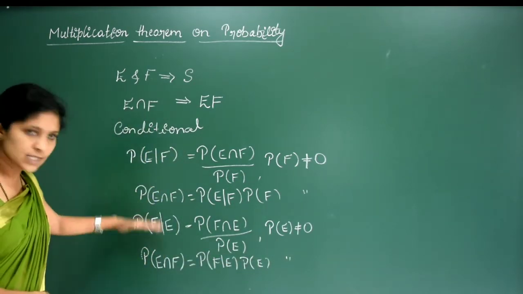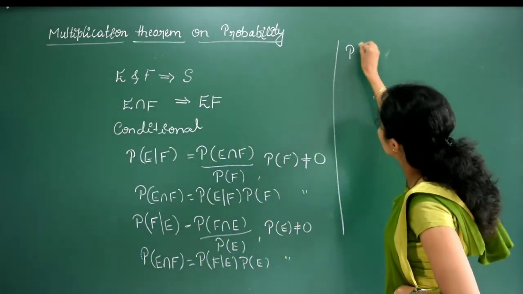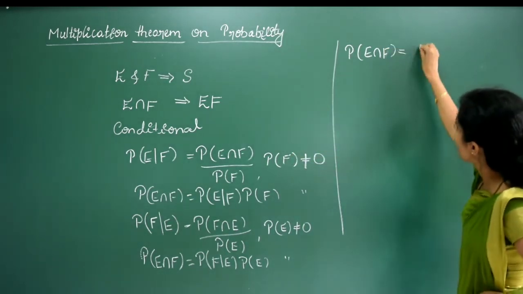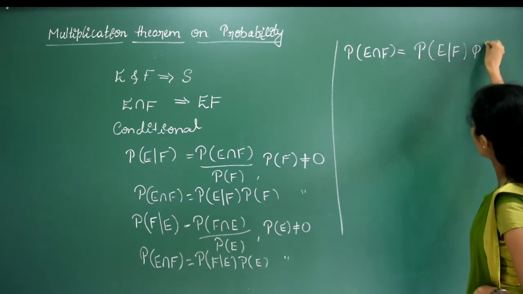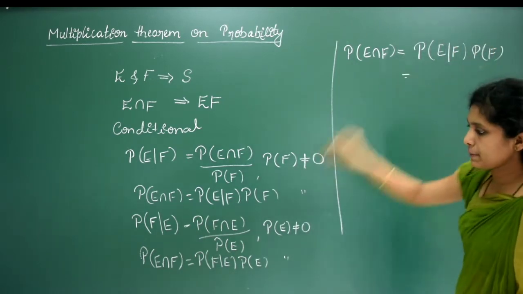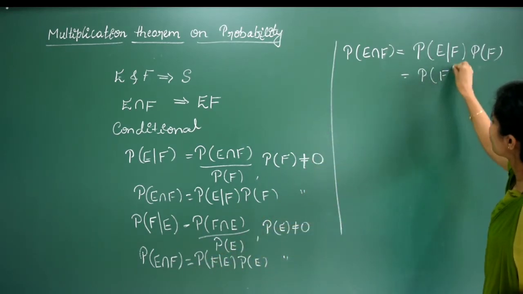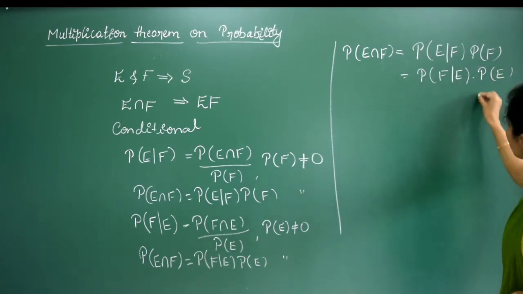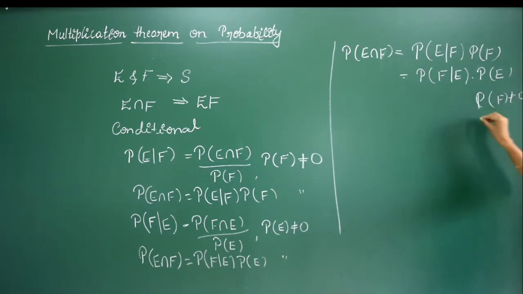By combining these two, P of E intersection F is equal to P of E by F into P of F, and also P of E intersection F is equal to P of F by E into P of E, provided P of F cannot be equal to 0 and P of E cannot be equal to 0.